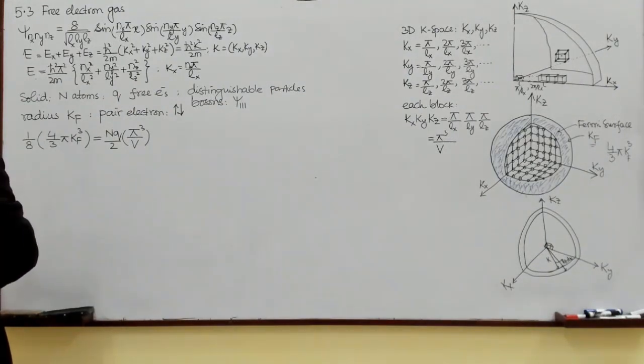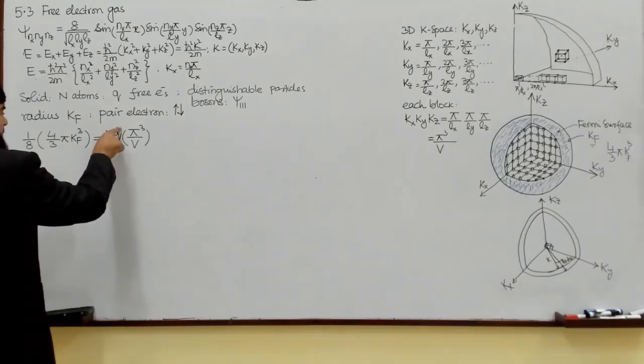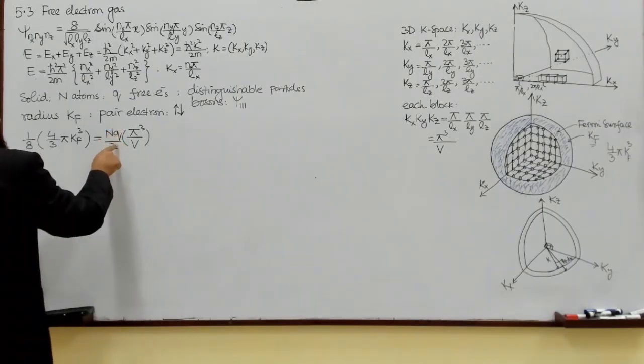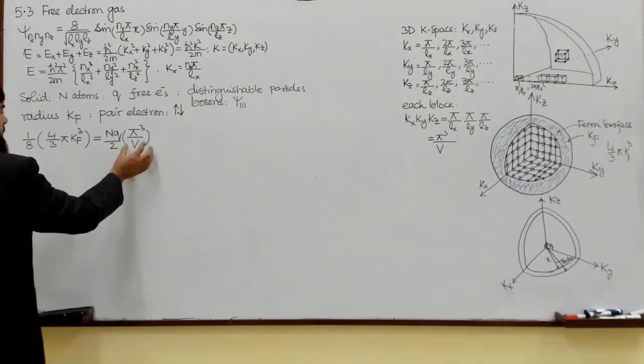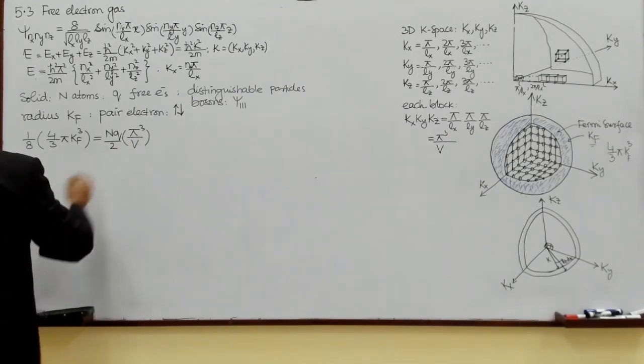We assume here that there are n atoms, each atom gives q free electrons, and each block has a pair of electrons. Each pair needs a volume of pi cube over v.